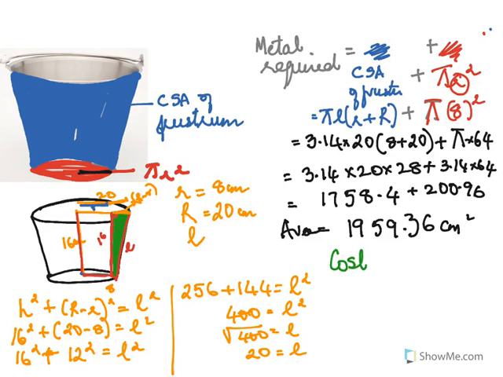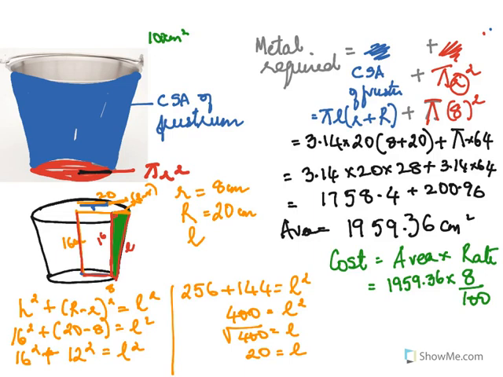So we need to find our cost. As usual, the cost will be area into the rate. We know the area is 1959.36 and the rate is, here we have the rate, it was 8 rupees per 100 centimeter square. So per centimeter square will be 8 over 100. Let me explain that. For 100 centimeters square, it was 8 rupees.